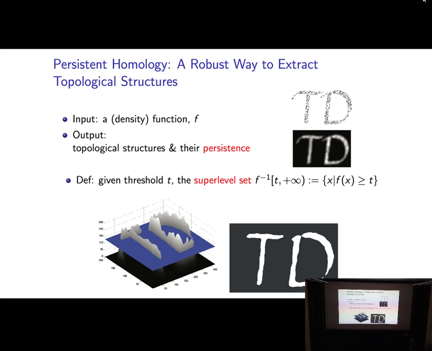So I'm actually doing this upside down. Basically, I'm using the density function and then taking the super level set, right? And actually, this is a mistake in the sense that later on, I'm actually using a sub-level set. So please forgive me for the mistake.